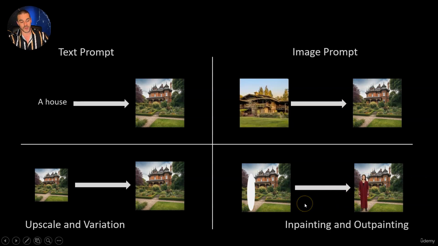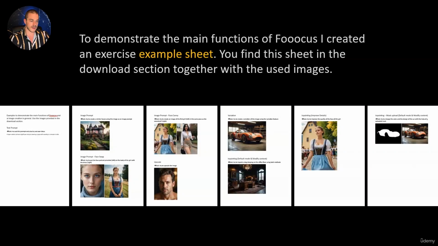Outpainting would mean we draw something out of the actual image and our image is expanded and everything is blended in perfectly. So this gives us also the opportunity, for example, to change the aspect ratio of an image from square to vertical and so on.